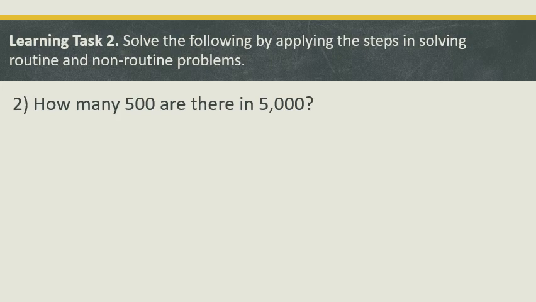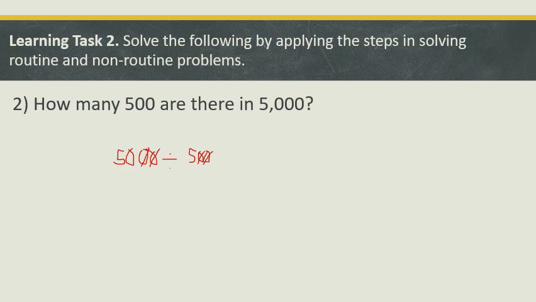So, number 2, how many 500 are there in 5,000? So, 5,000 divided by 500. Ilang 500 ang mabubuo sa 5,000. Ngayon, since siya ay may tig-isa uling 0, tanggalin na uli natin. Ayan, pwede pa ba magtanggal ng isa pang 0? Pwede pa po, basta magka-partner ha. Pag wala ng partner, hindi pwedeng tanggalin.